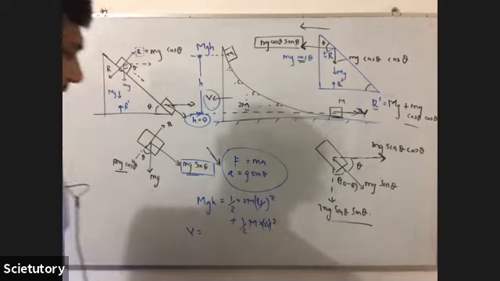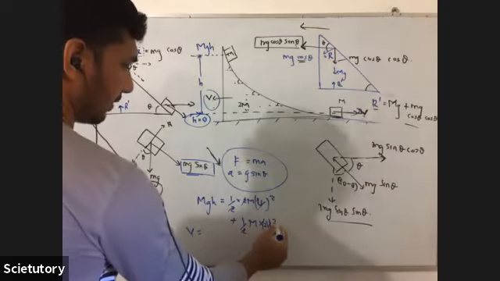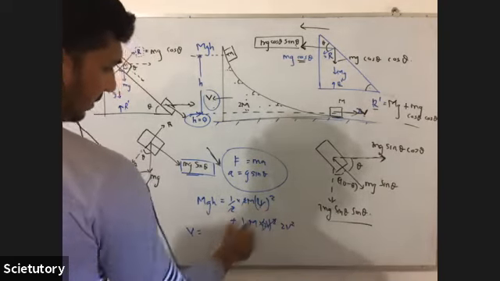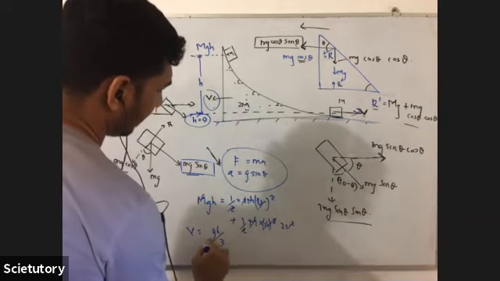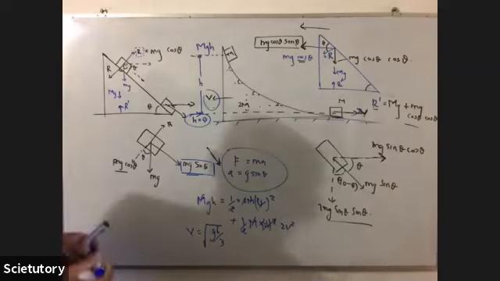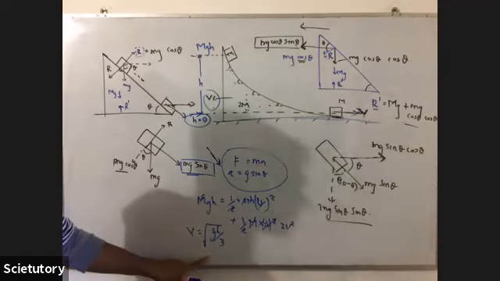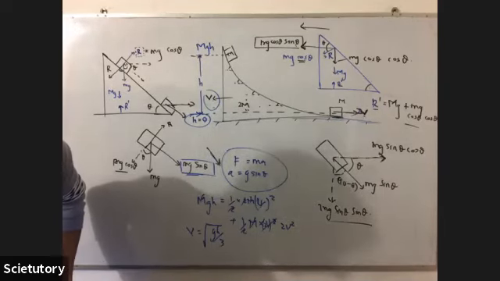So if you solve this, what do you get? You can cut it, and this is actually 4, so 2v squared. So you get 3, you can cut the m's, and then gh by 3 within square root, g by 3. Am I correct? Yes, the answer is the fourth one.